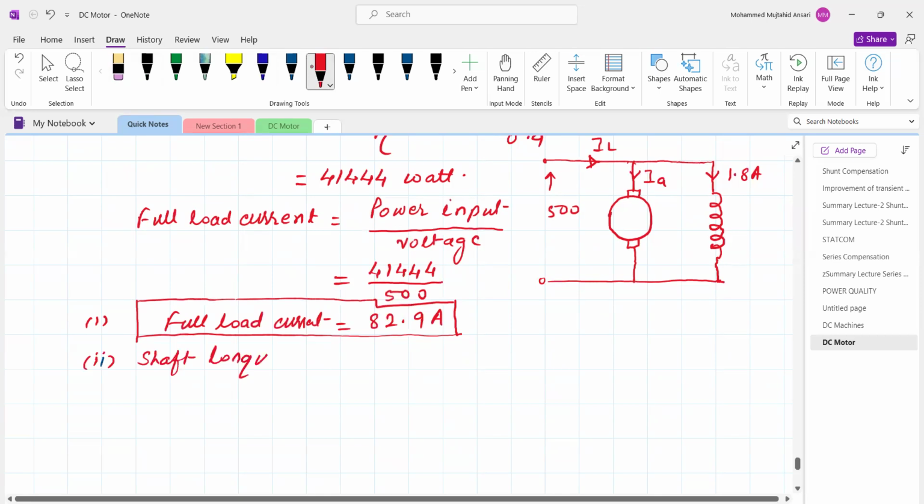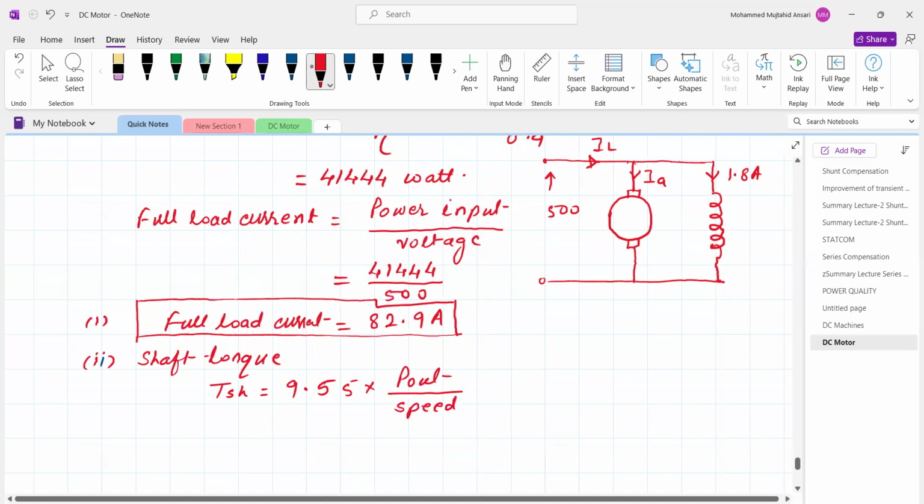So what is shaft torque? TSH is equal to 9.55 into power output P out divided by speed in RPM.